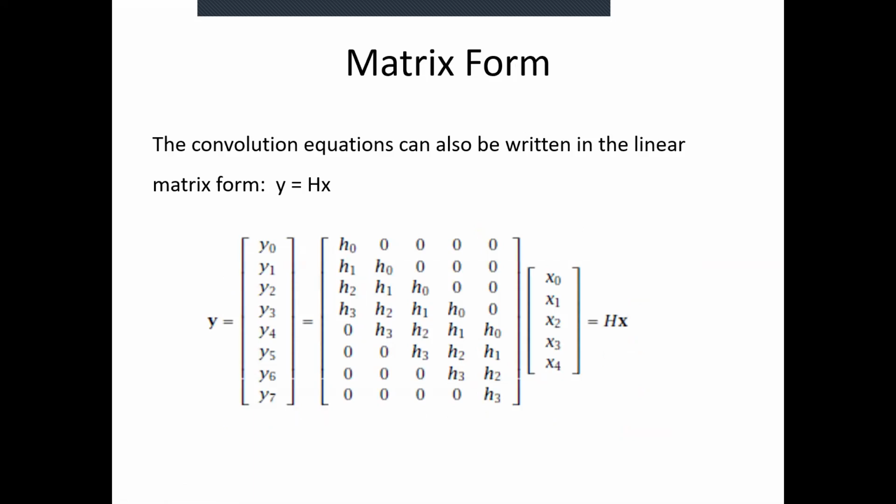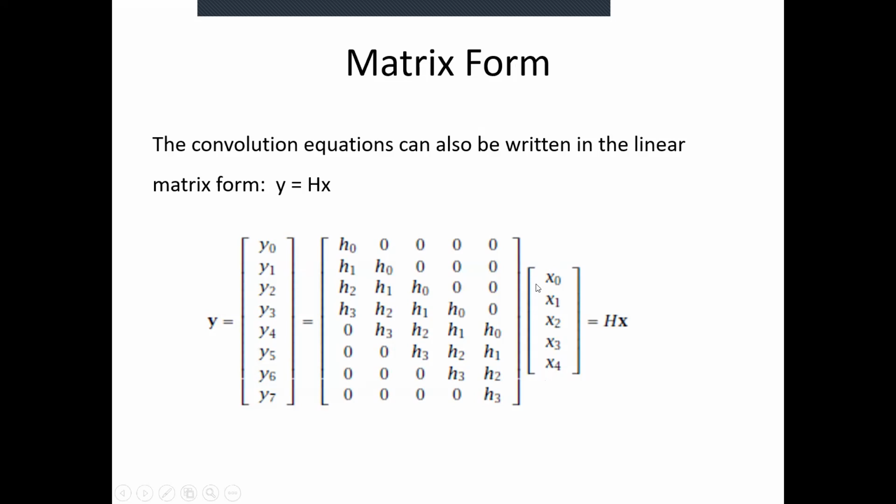The convolution equation can also be written in linear matrix form. Y equals h by x, okay? Now we have a 2-dimension matrix multiplied by a single dimension matrix. The rows of the h matrix will be multiplied by the elements of x.